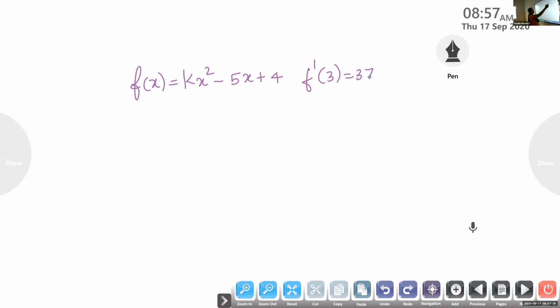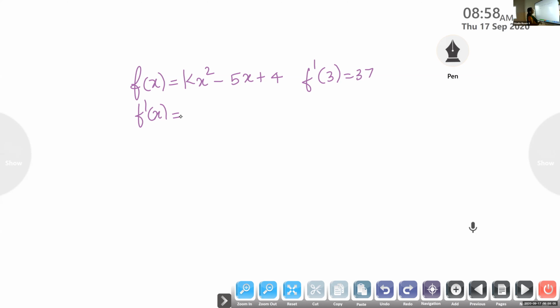What is meant by f dash of 3? After finding the derivative, in the place of x, we have to put 3. First you find f dash of x, and in f dash of x, you put x is 3. F of x is kx square minus 5x plus 4. So what will be f dash of x?